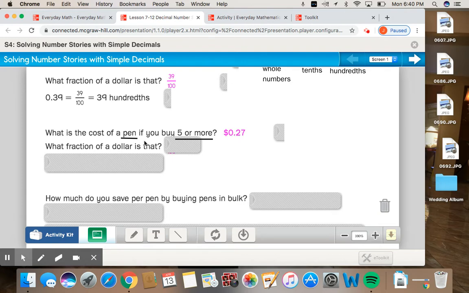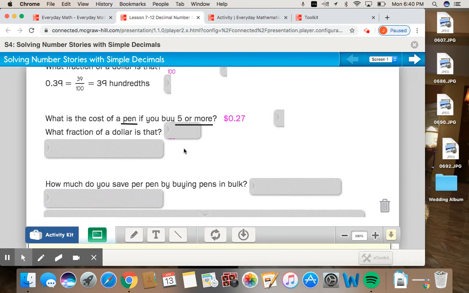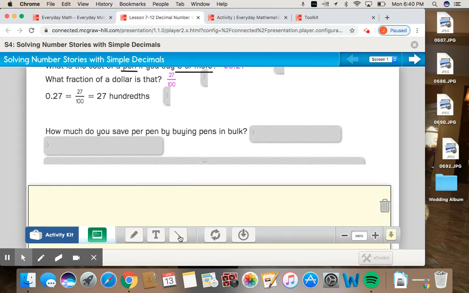What fraction of a dollar is that? So think about it. Instead of having my 39 up here, I would put my 27 in there instead. 27 what? Did you say 27 hundredths? This is what it looks like as a decimal. Just take away that dollar sign, 27 hundredths. Here it is as a fraction. It's 27 hundredths.